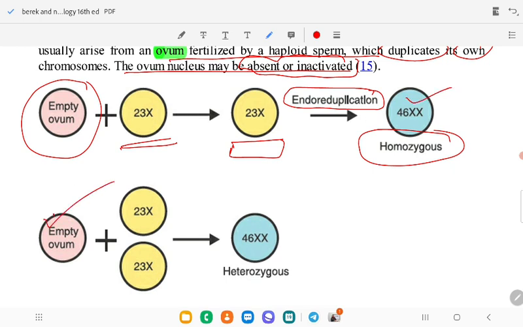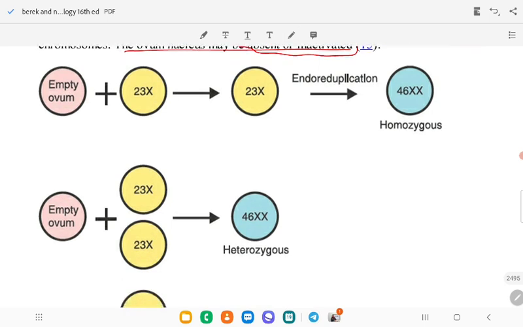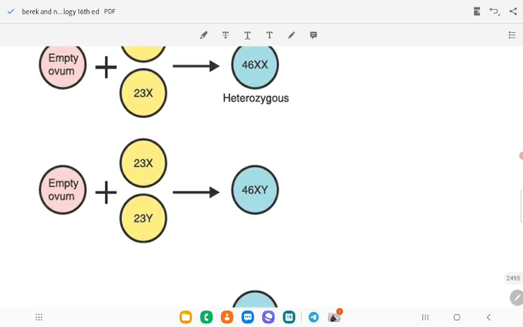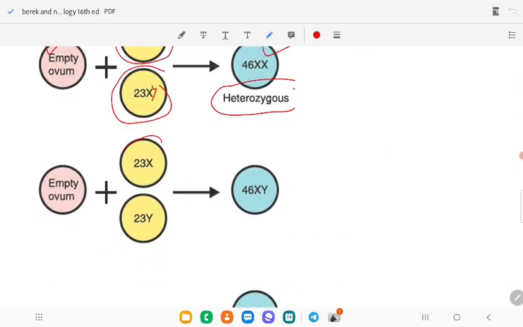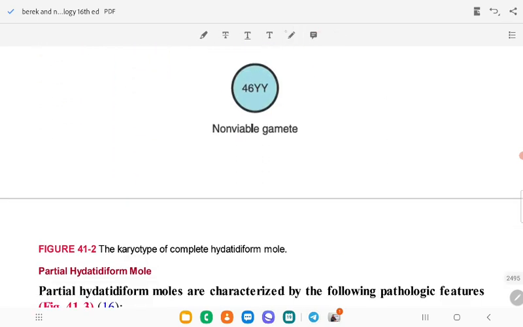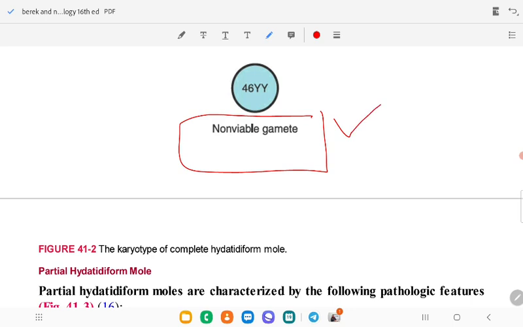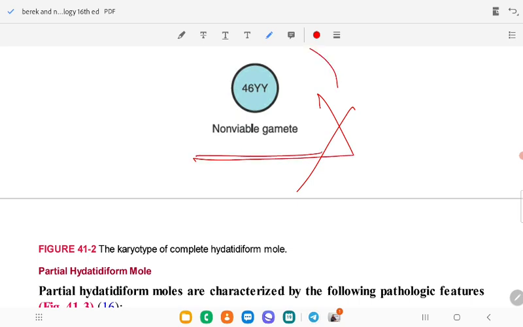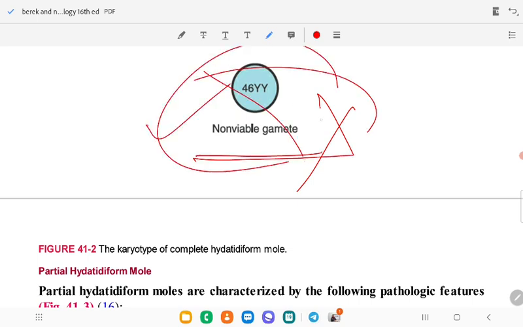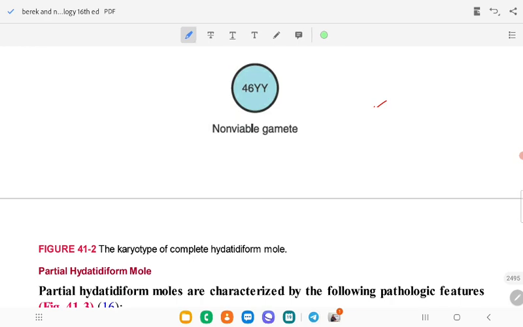Then the empty ovum is there, 23X plus another sperm 23Y equals 46XY, which is heterozygous. 46YY is a non-viable gamete. YY is not able to survive. Remember this.